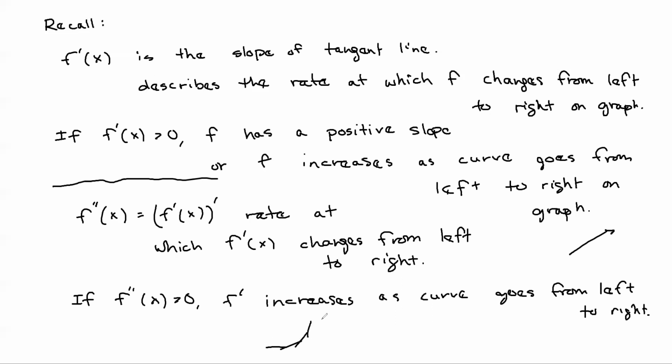So the slopes increase as the curve goes from left to right if the second derivative is positive. And that's how you get the fact that the second derivative gives the concavity. That's our definition for concavity, this shape, like a bowl shape for the curve.